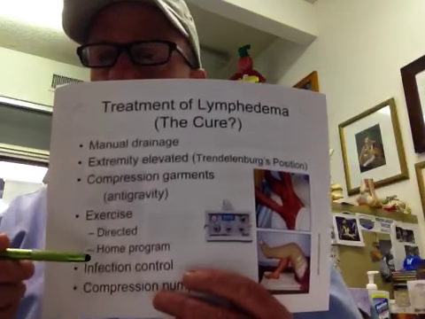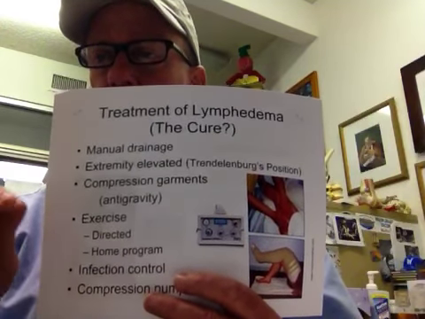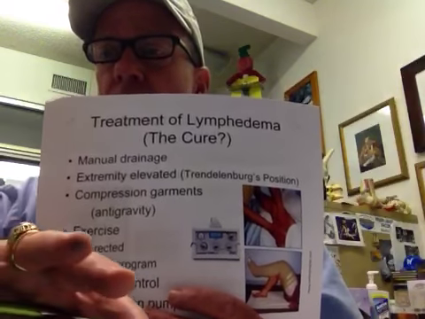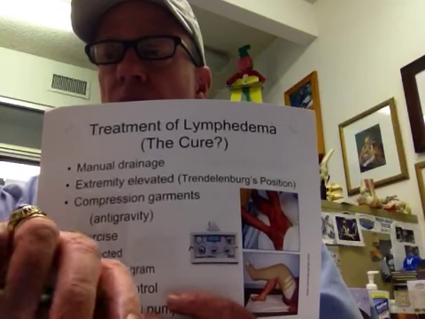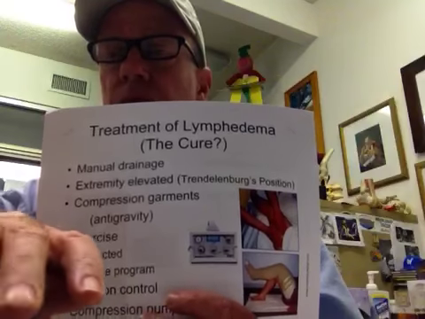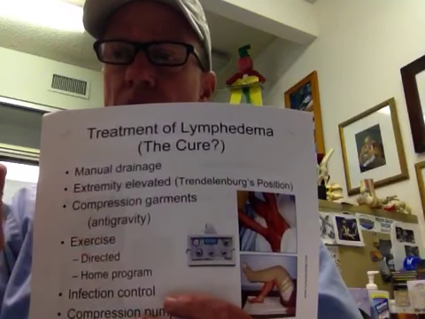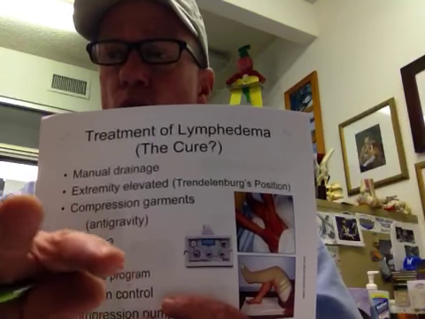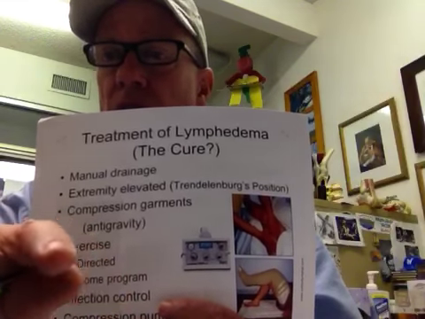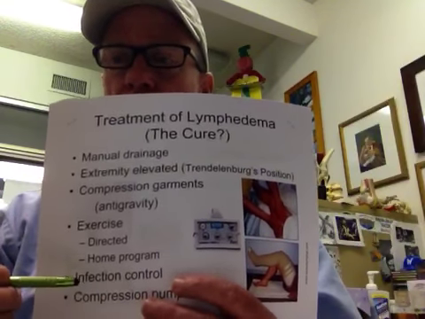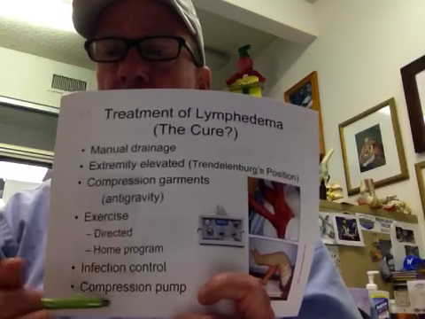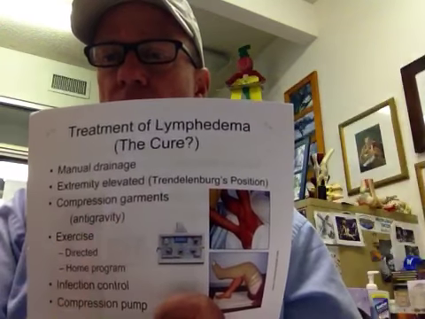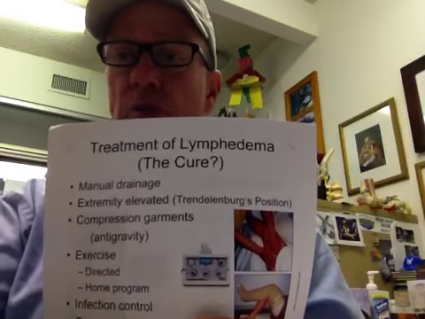If there's threat of infection because the circulation and the lymph are static, it's called stasis, and bacteria loves that warm, liquidy, dark environment, and bacteria can proliferate there and cause infection. And then compression pumps that move distal to proximal, so it's this effect, boom, boom, boom, moving that fluid superiorly.